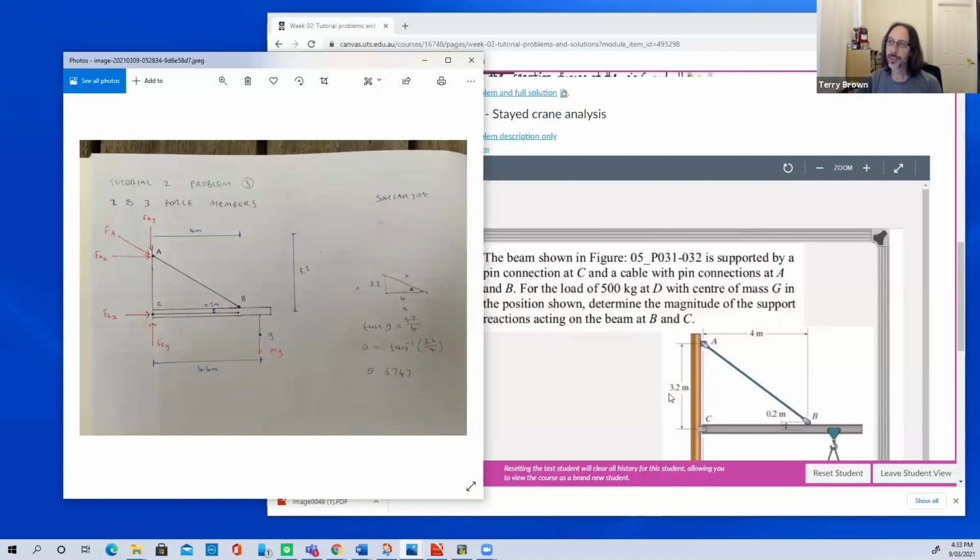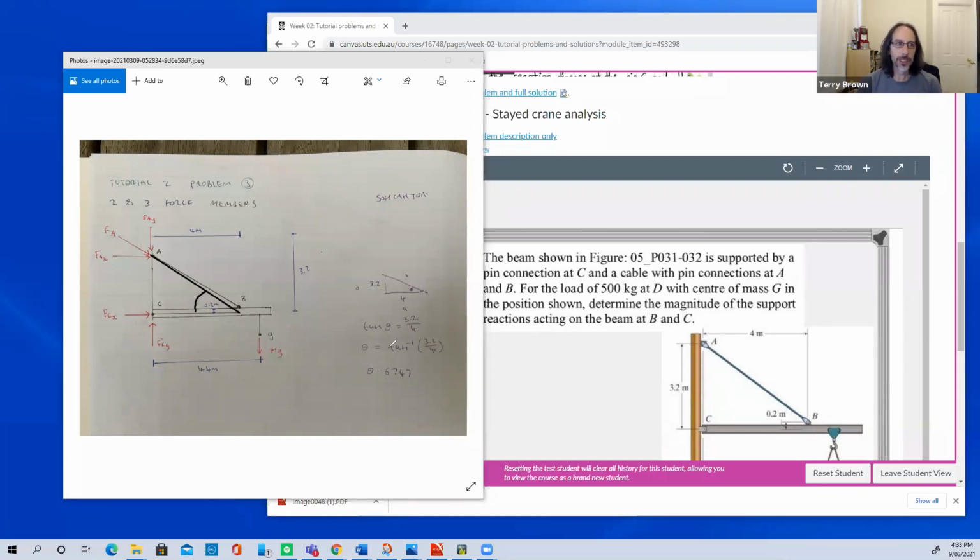We should have 3.2 minus 0.2 over 4 to get this angle. What you've actually calculated is that angle here.